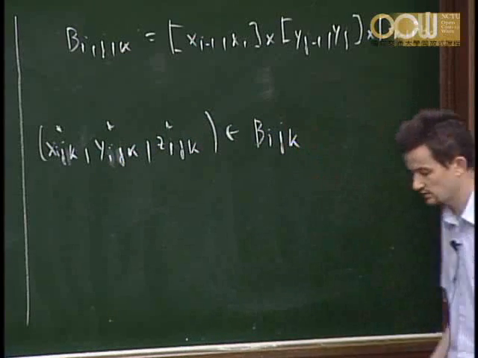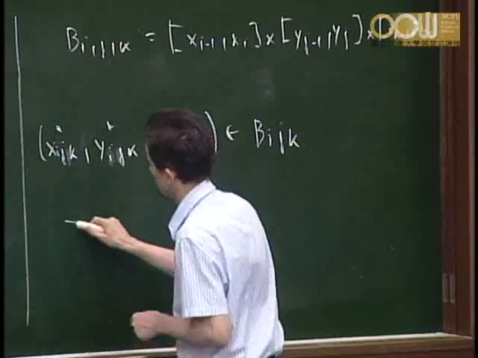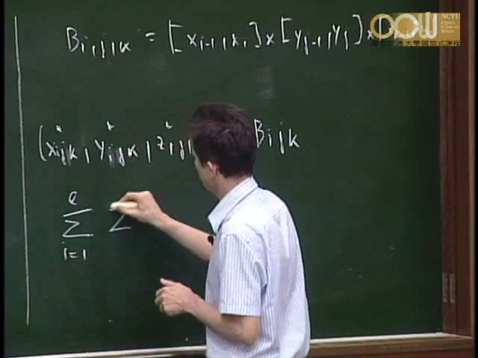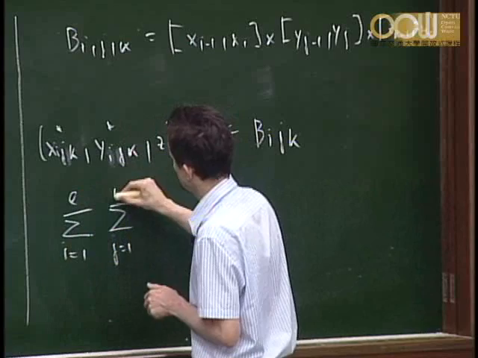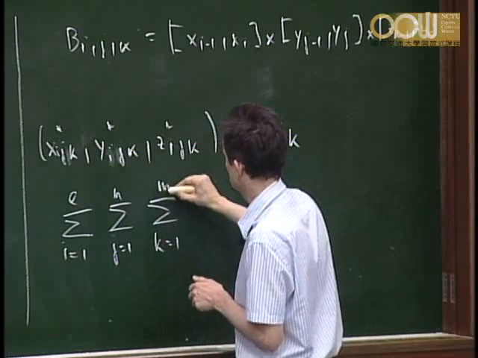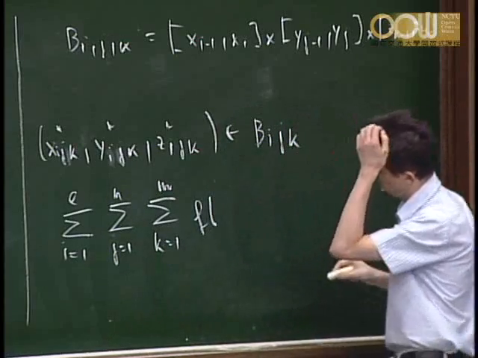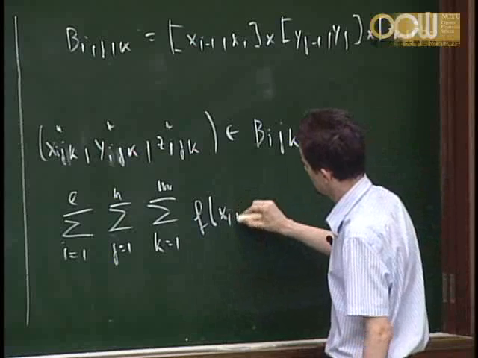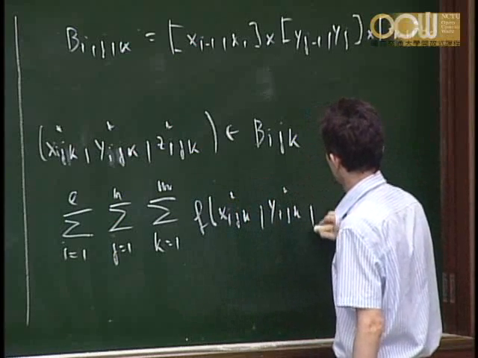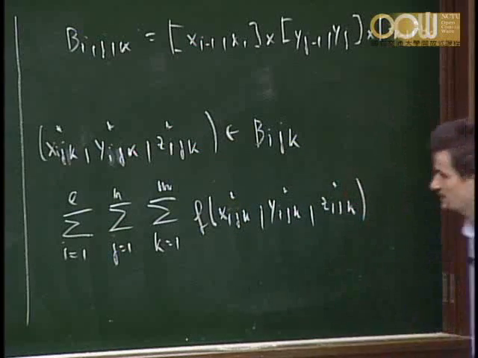Then we form the triple Riemann sum: the sum with i from 1 to l, j from 1 to n, k from 1 to m, of f evaluated at the sample point (x_ijk star, y_ijk star, z_ijk star), and then we multiply.